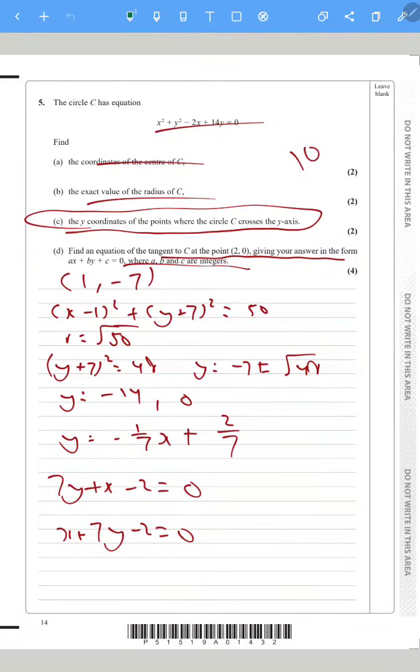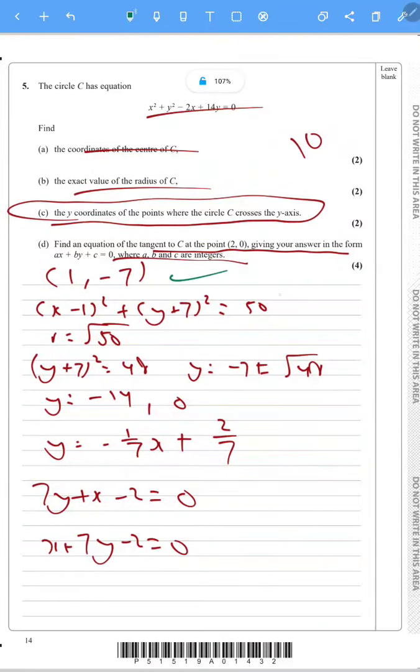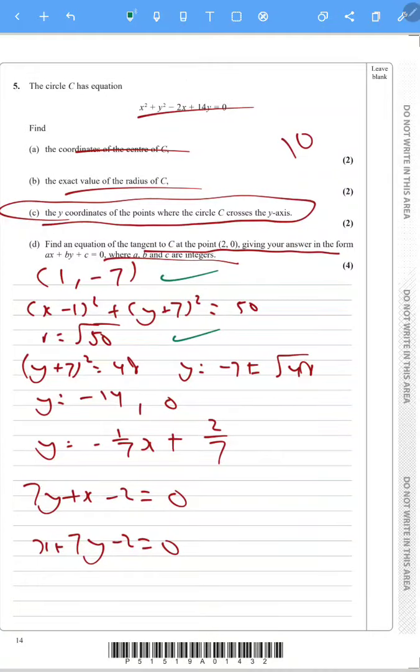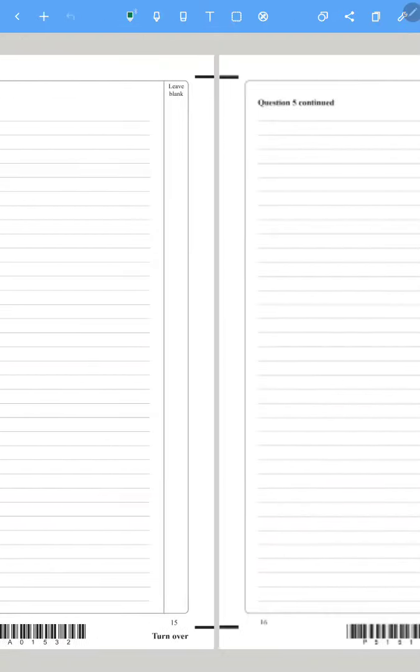I feel like next time I won't do this kind of paper. I'll do an actual A-level paper with year 2 stuff, because core 3 and core 4 might be a bit of a madness. So 1 minus 7 root 50, 0 minus 14 and x plus 7y minus 2. Perfection.